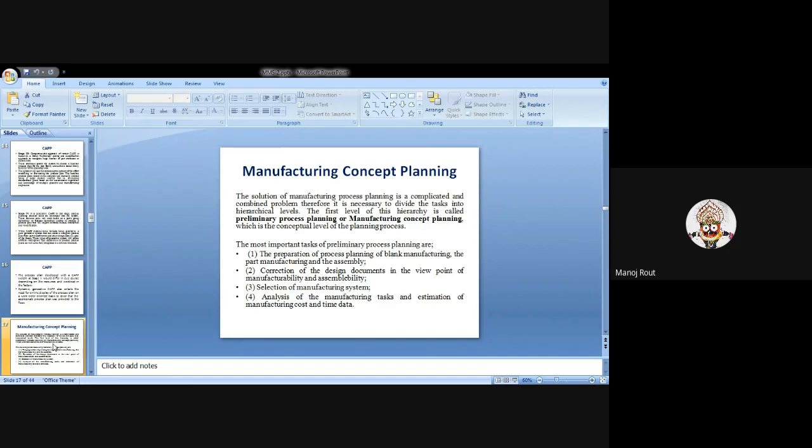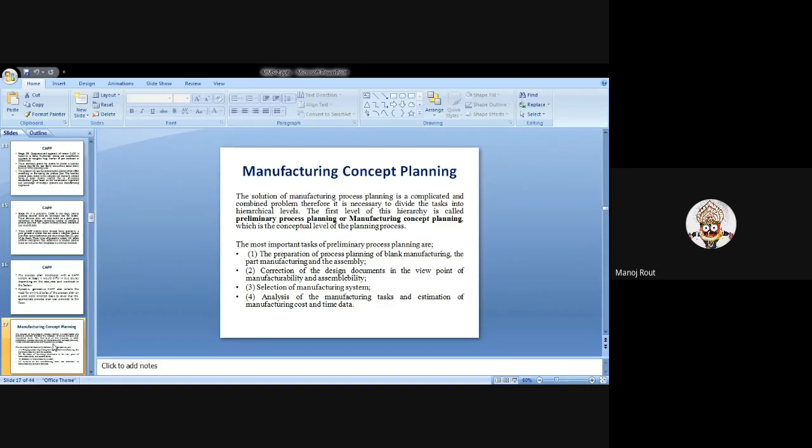Basically, preliminary process planning includes the preparation of process planning of blank manufacturing, part manufacturing and the assembly. The second one is correcting the design documents in view of manufacturability and assemblability.